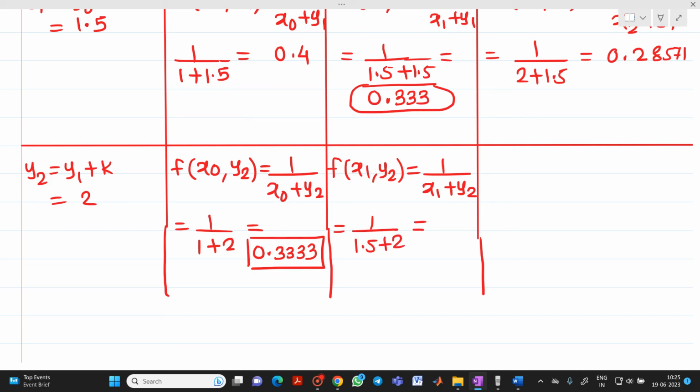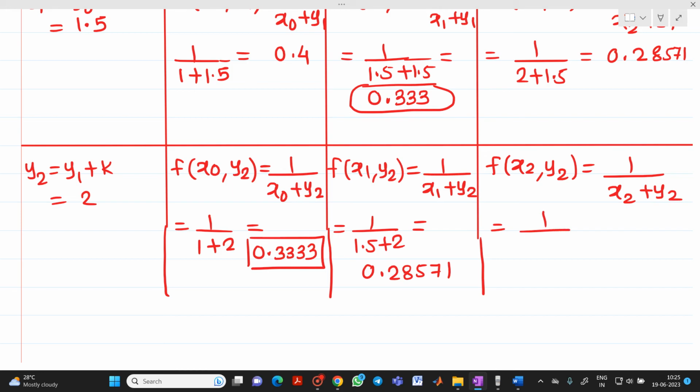So the answer will be 0.28571. And similarly here, x equal to x2 you have to put, y equal to y2 you have to put. So it will be 1 upon x2 plus y2. So x2 is 2, y2 is 2. So you will get the answer as 0.25. Keep this in a box.